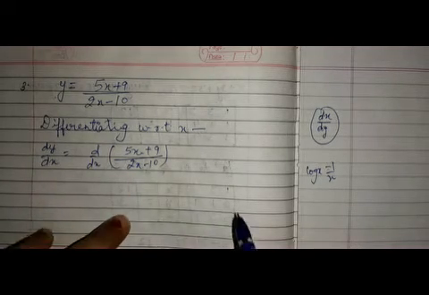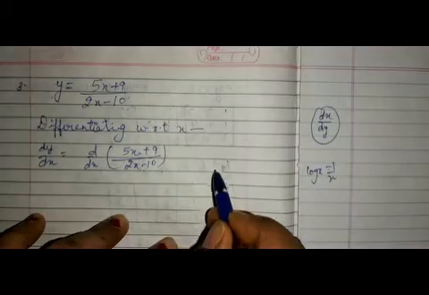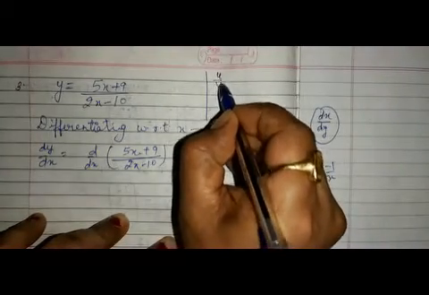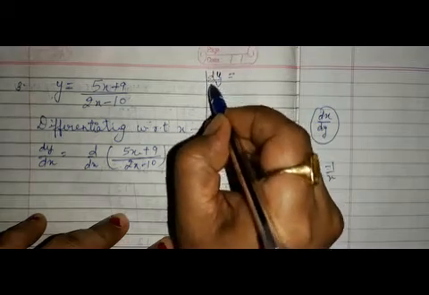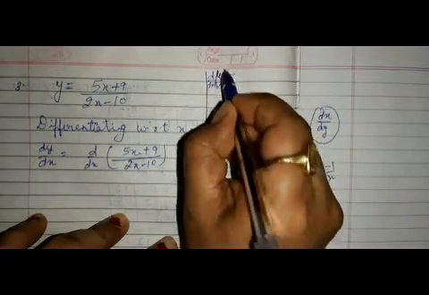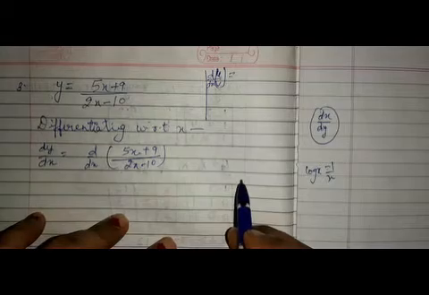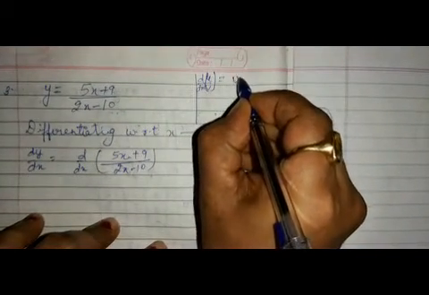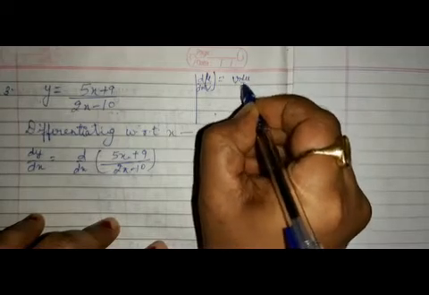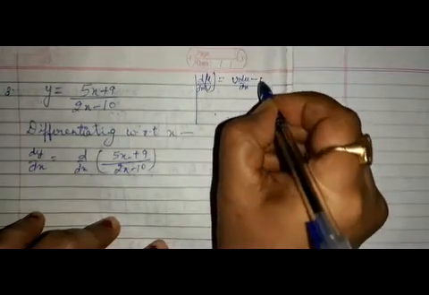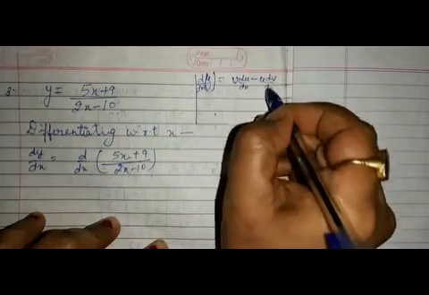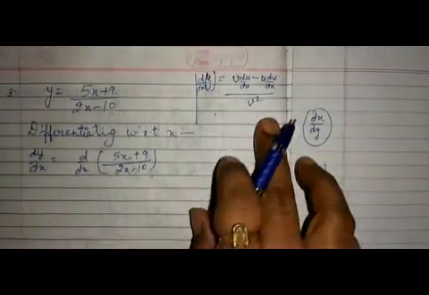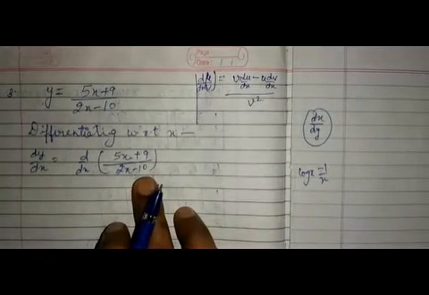So do you remember the formula to find the derivative of a u upon v function? How to find d by dx of u upon v? Do you remember? If not, I am recalling the formula: v du by dx minus u dv by dx, upon v square. Okay, this is the formula which you have to apply here.